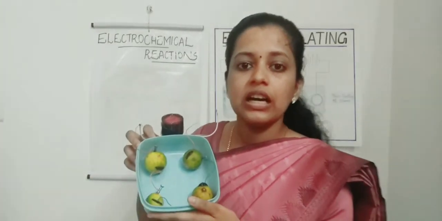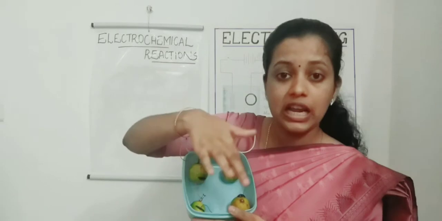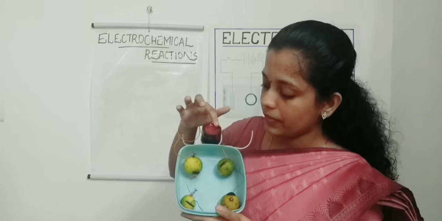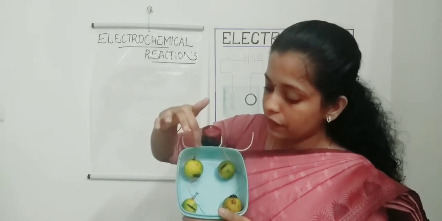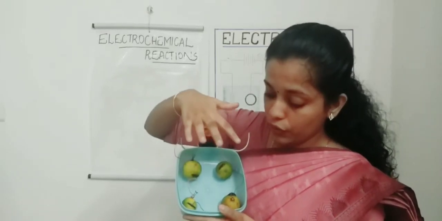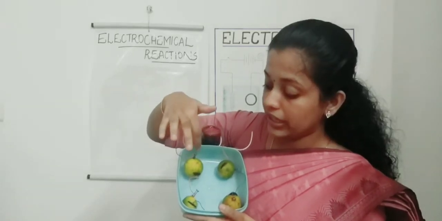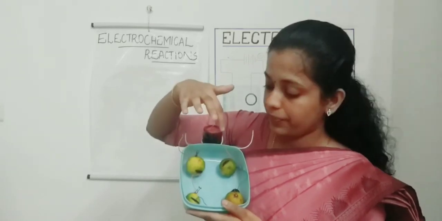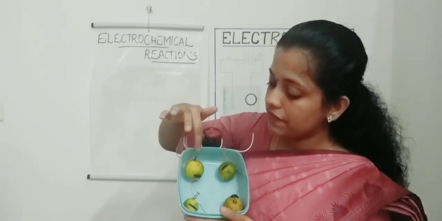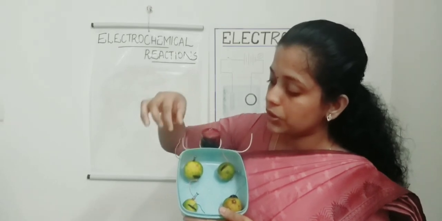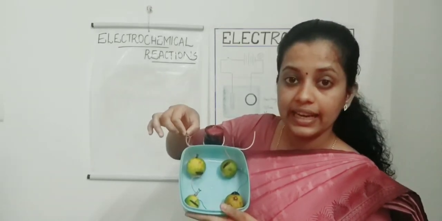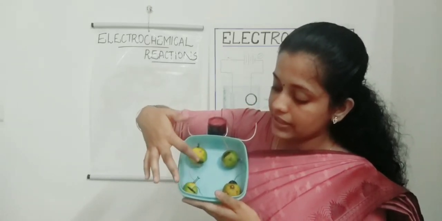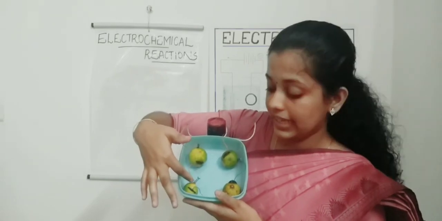Here you can see 4 lemons in this box, and there is an LED bulb over here. I have 4 nails and 4 copper rings, and a nail and a copper ring are inserted in each lemon. I have connected the first nail to one end of the LED bulb, and the copper ring is connected to the iron nail of the second lemon.